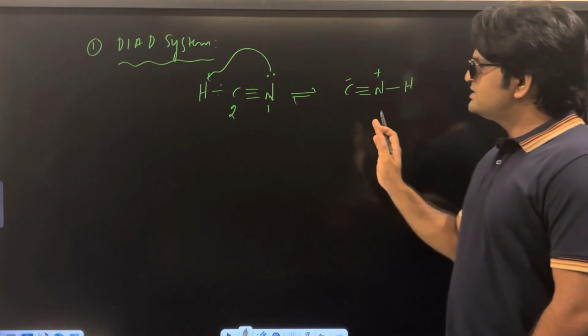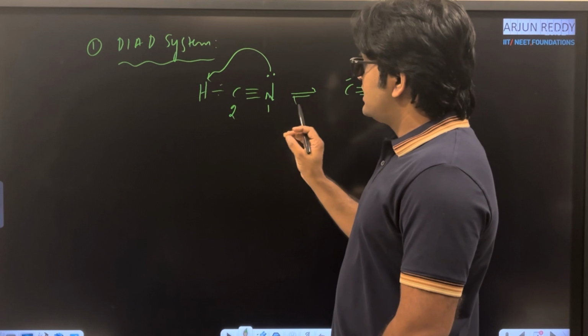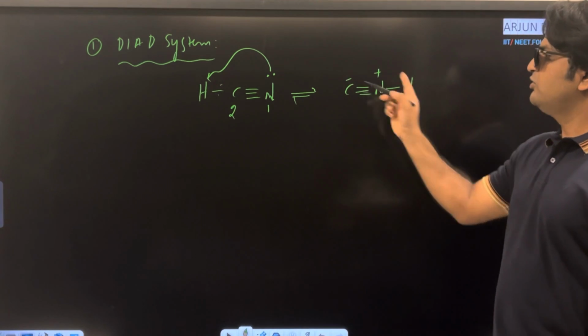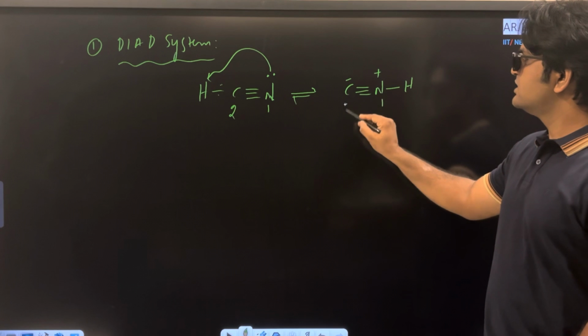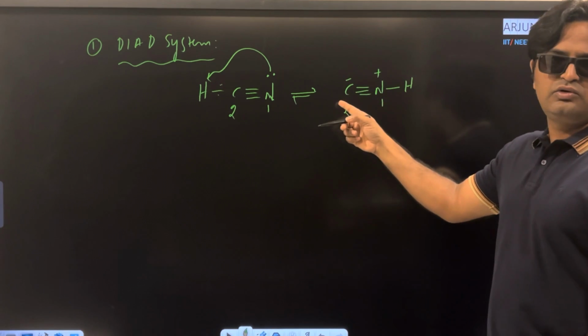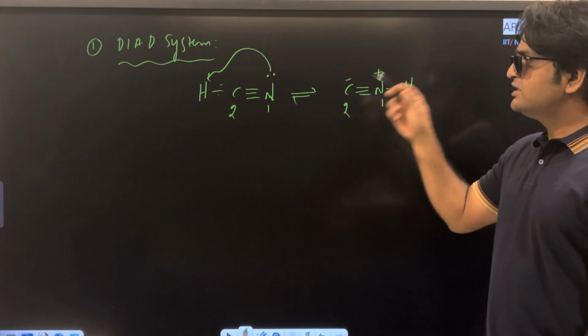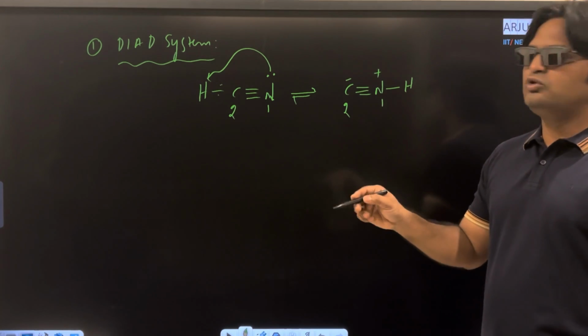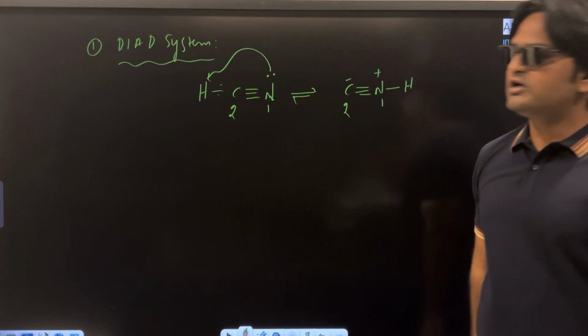Now you observe there is an oscillation of hydrogen atom, from 2 to 1. Again, if you want to get the same thing, you transfer the proton from 1 to 2. Whenever there is an oscillation of hydrogen atom from 1 to 2 and 2 to 1, that kind of system is taken as what? Diode system.